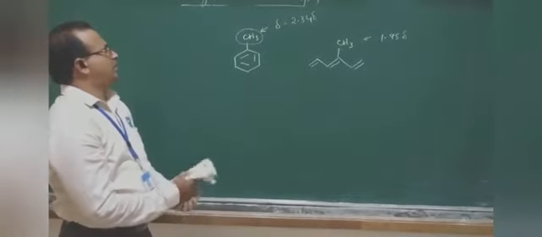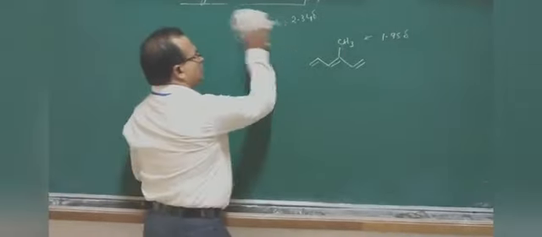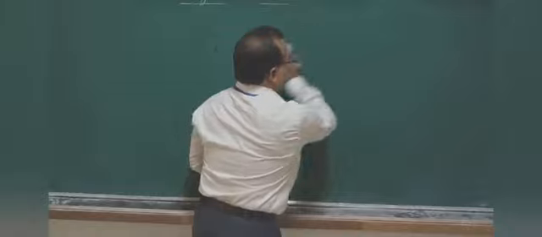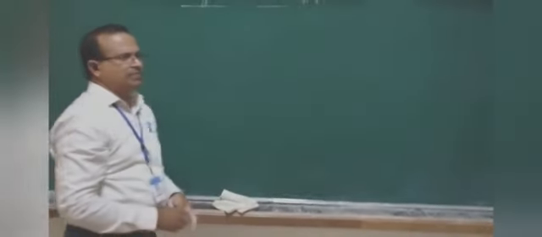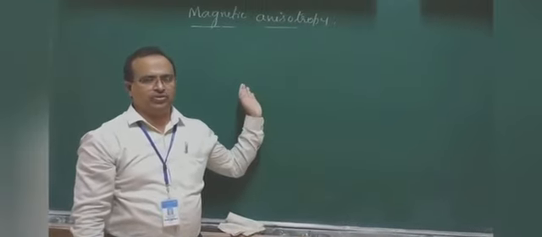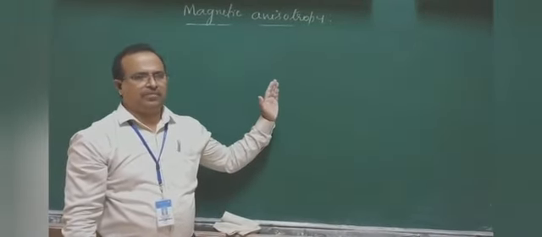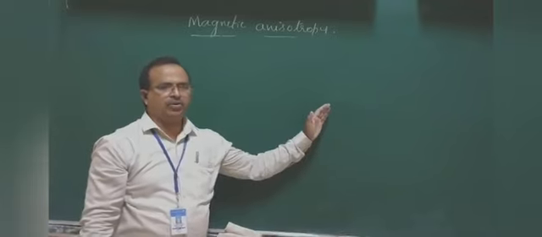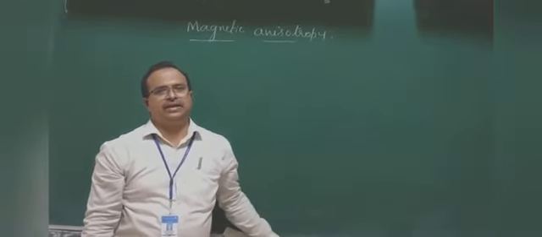So this is about the magnetic anisotropy. On the basis of magnetic anisotropy, we can explain the chemical shift values of compounds containing pi bonds: olefins, aromatic protons, acyclic protons, and also aldehydes and ketones.